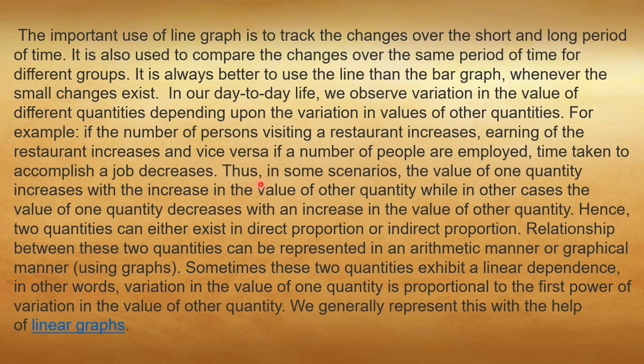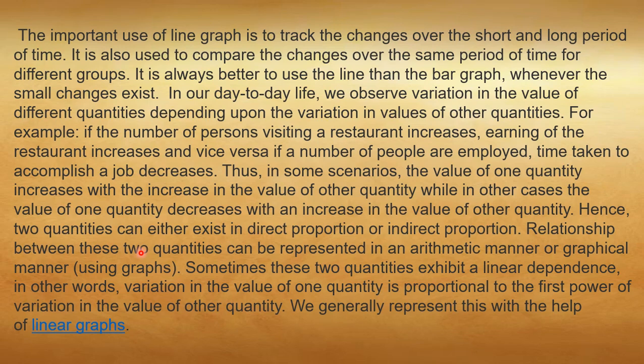Thus, in some scenarios, the value of one quantity increases with the increase in the value of another quantity, while in other cases, one quantity decreases with an increase in the other. Hence, the two quantities can exist in direct proportion or inverse proportion.